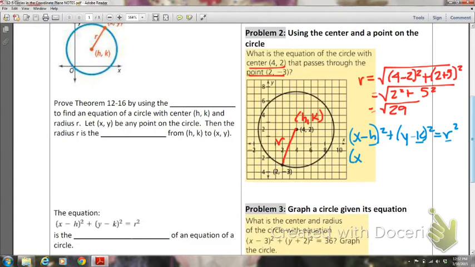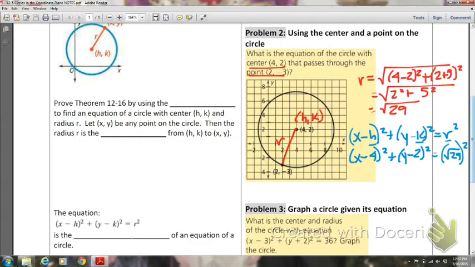So we have x minus 4, which is the x value of your center, and y minus 2 in parentheses squared is equal to the square root of 29 in parentheses squared.